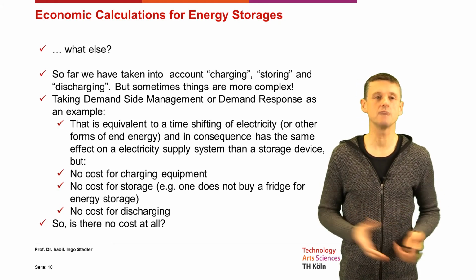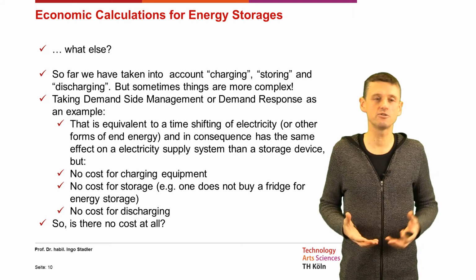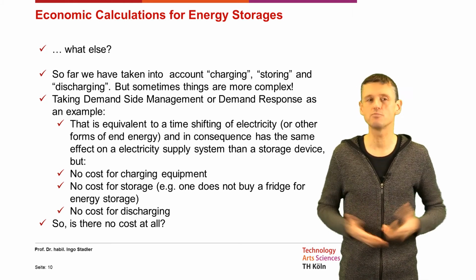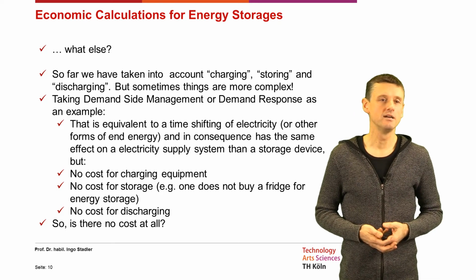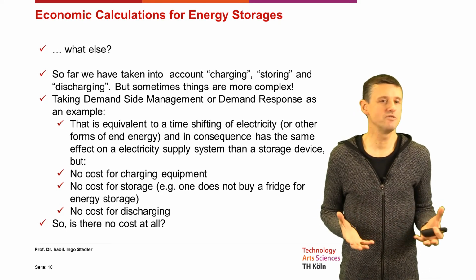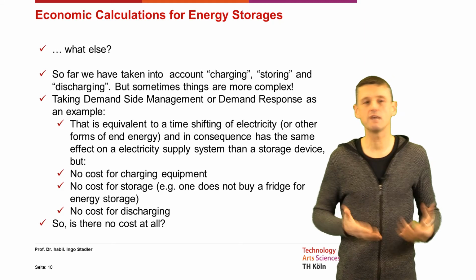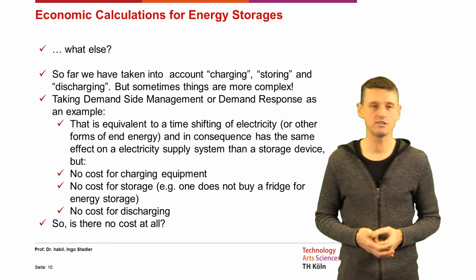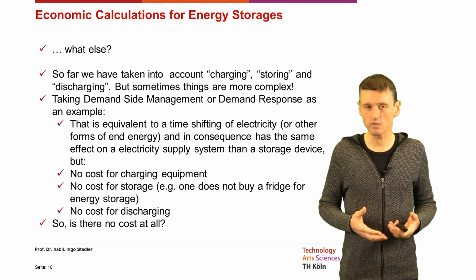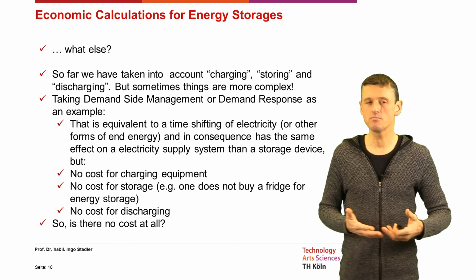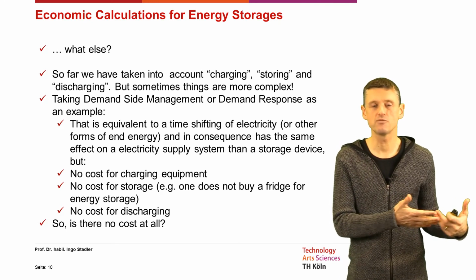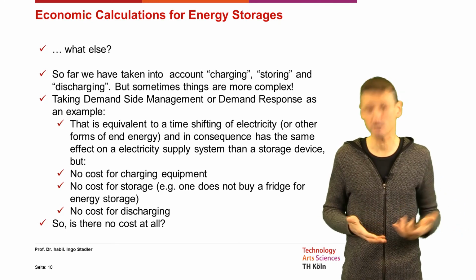As an example, I would like to discuss the matter of demand side management or demand response. Demand response is equivalent to a time shifting of electricity, for example, or any other form of energy. And the consequence is the same effect on the electricity supply system as, for example, a storage device like a battery.